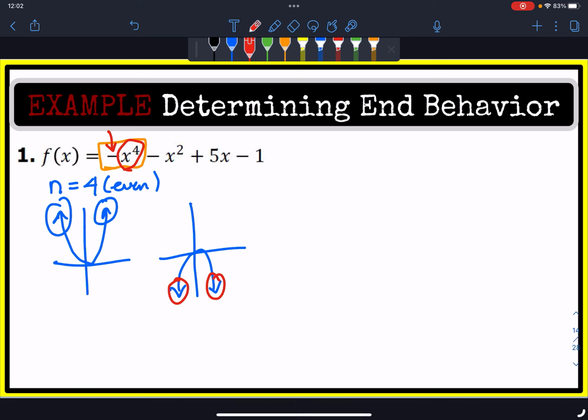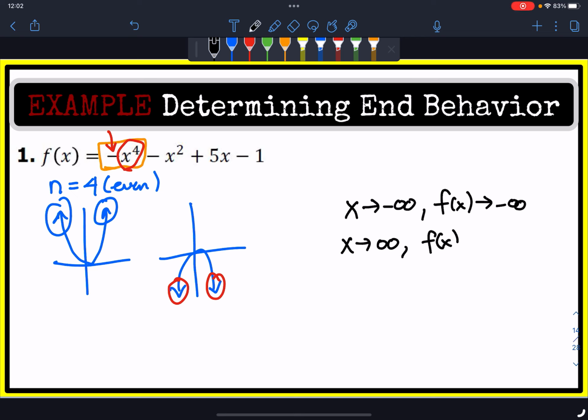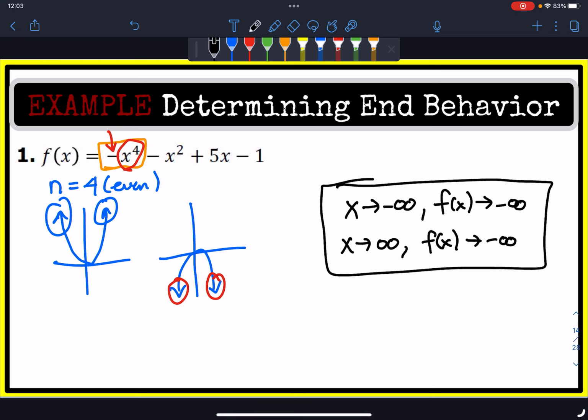So the end behavior of this function is the following: as x decreases without bound, the function values are decreasing as well, and as x increases without bound, the function values are decreasing. So the two ends are pointing downwards because of the negative and the even exponent. We describe the end behavior using arrow notation as this.